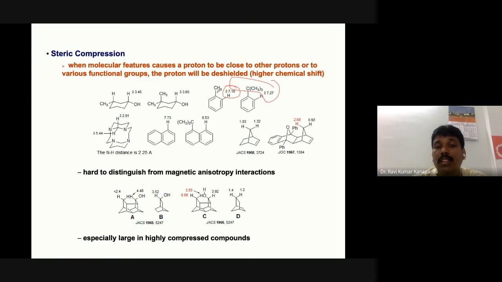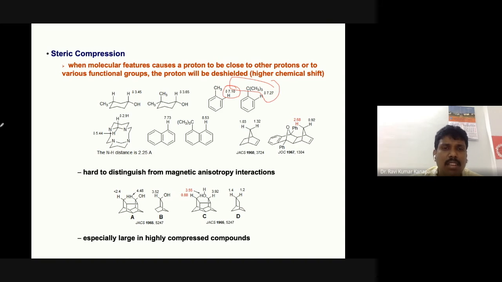What is the difference? Here you have only one methyl group, that means only 3 protons, but in the tertiary butyl group you have 9 protons. When a proton finds a lot of protons on the adjacent functional group, its chemical shift moves a little toward the de-shielding region.